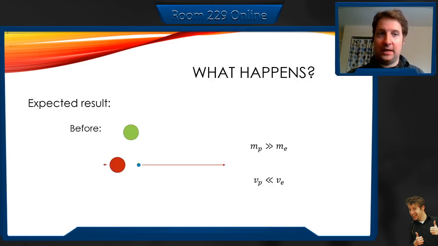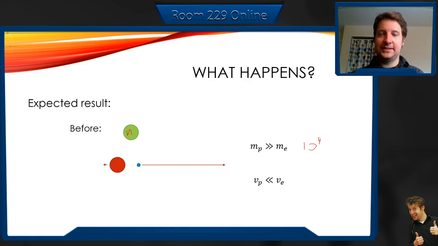So let's see what happens. This is what we would see from a Newtonian viewpoint. Okay, so this is our neutron here, and it breaks up into a proton and an electron. And notice the proton's mass is much higher than the electron's mass, about 2,000 times heavier.